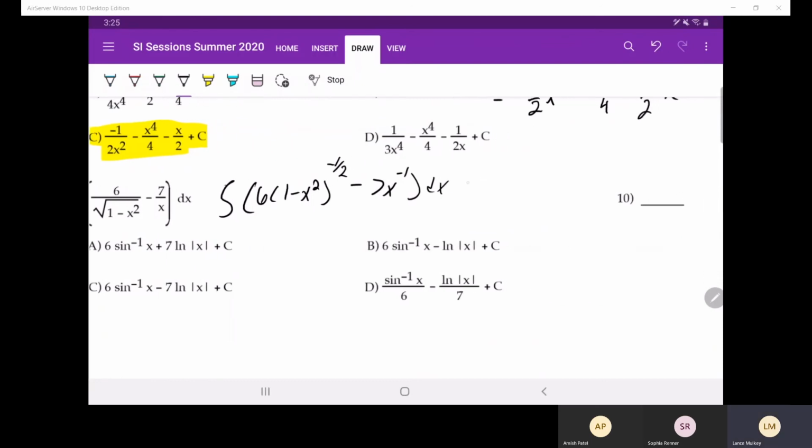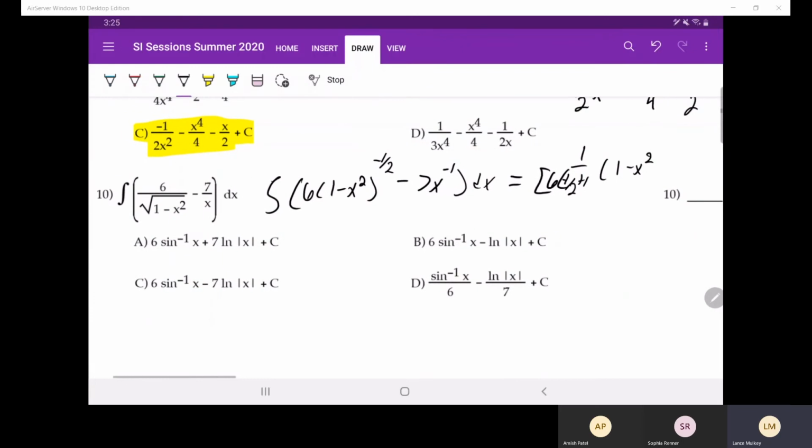So you take the derivative, 6 times 1 over 1/2 plus 1 times 1 minus x squared. How does he expect you to do this? Did he teach y'all U sub while I was in the bathroom? Oh, wait.